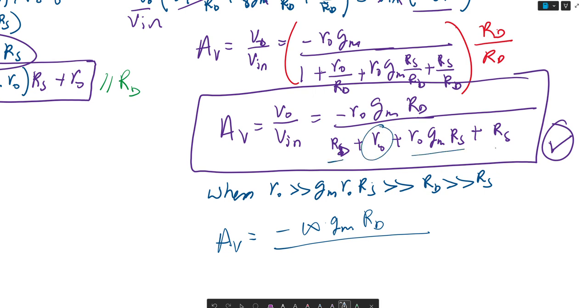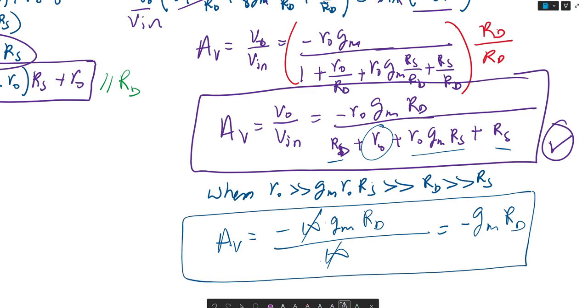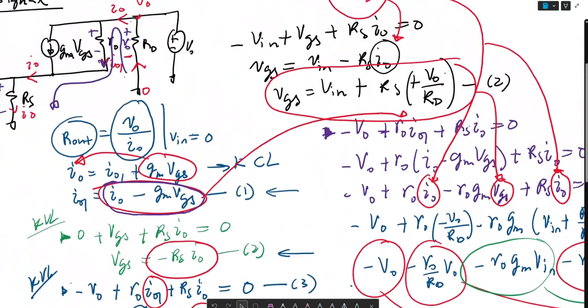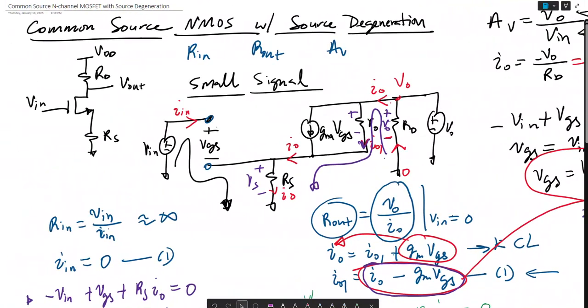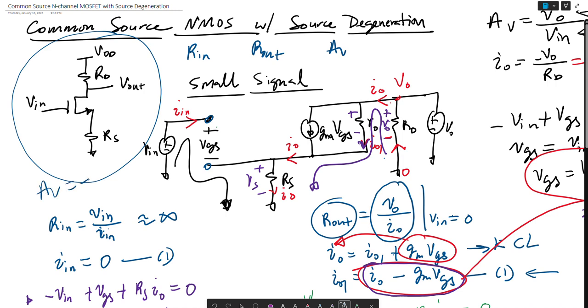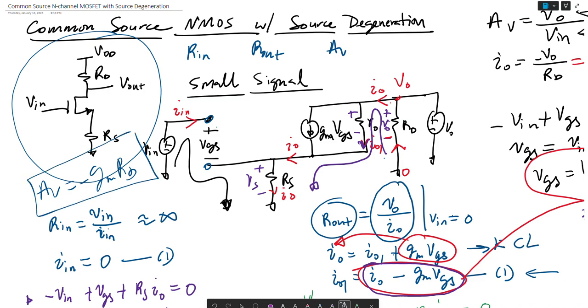Infinity plus all these other numbers is just infinity. We can basically cancel out these two, and we're left with minus gm RD. So the AV gain of this circuit right here is equal to minus gm RD when you simplify it.